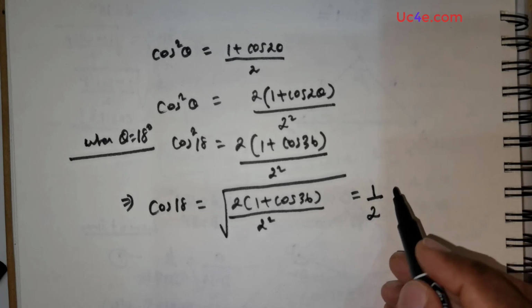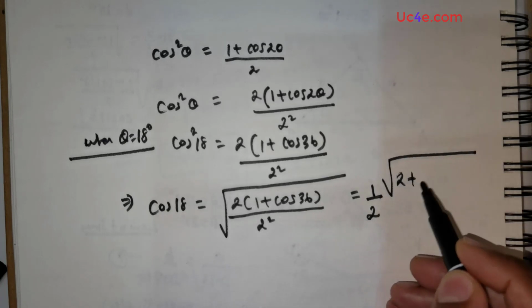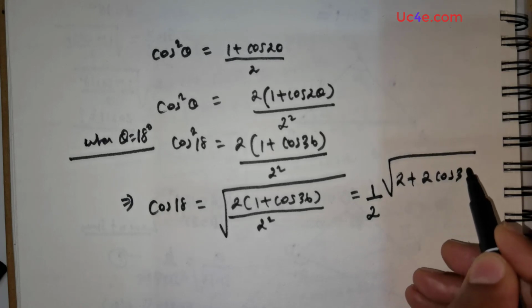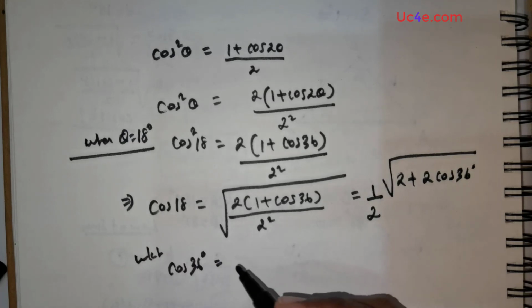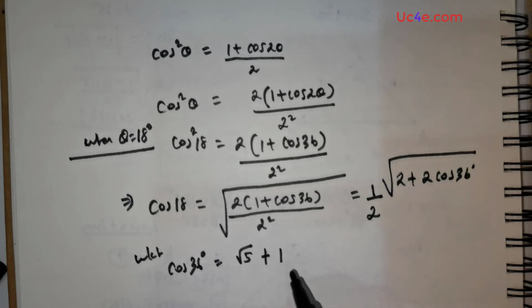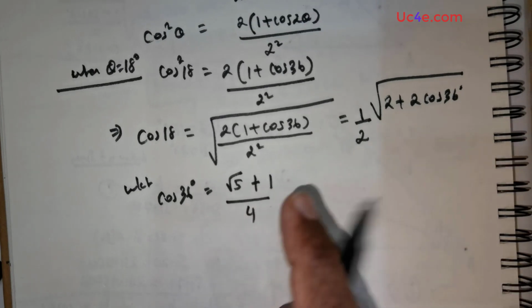So it's going to be 1 over 2 times the square root of 2 plus 2 times cos 36 degrees, right? Now we know that cos 36 degrees is equal to root 5 plus 1 divided by 4. So take this value and substitute it here.